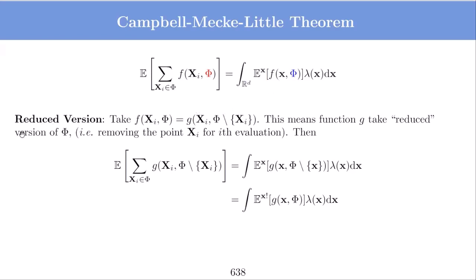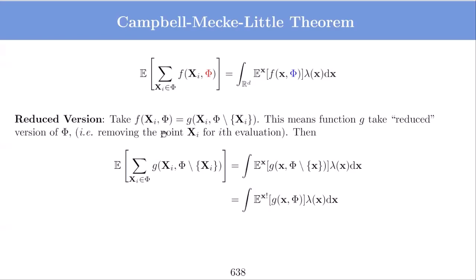So the first one is the reduced version. Reduced means that you want a function such that when the second input Φ comes, you don't count the point xi in the view. Let f(xi,Φ) be a function of xi and Φ minus xi.